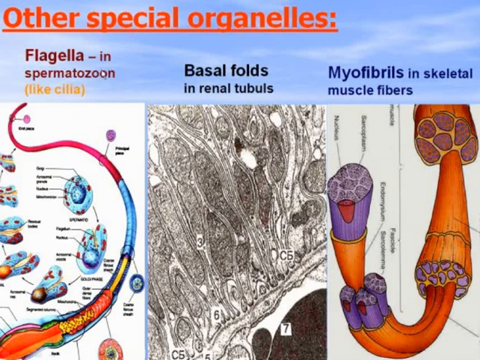Other special organelles, for example, flagella in spermatozoa, have a structure like cilia. There are also basal folds in renal tubules and myofibrils in skeletal muscle fibers.